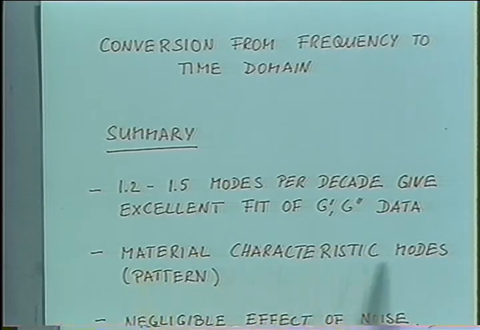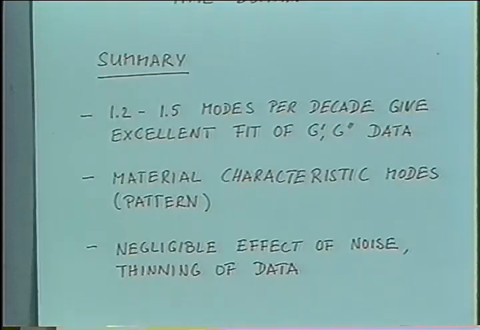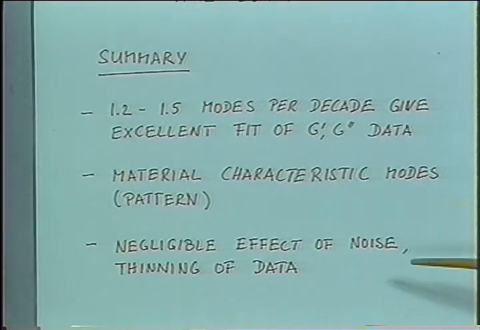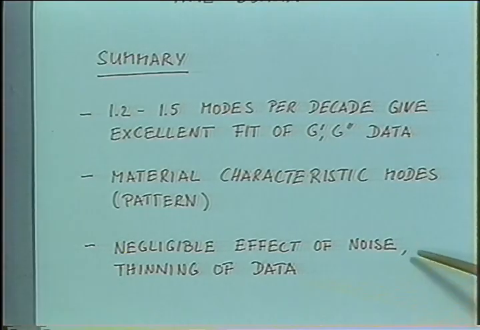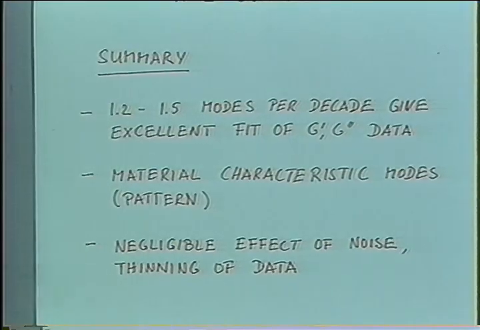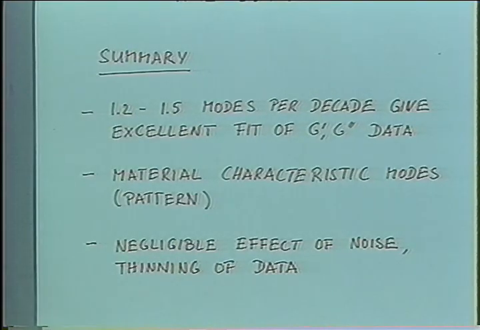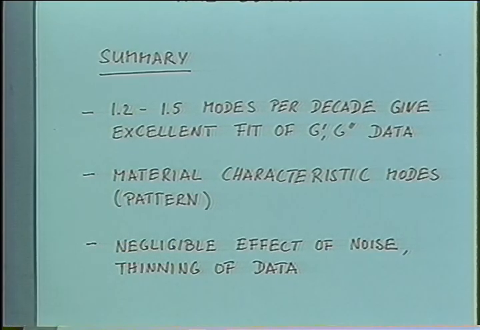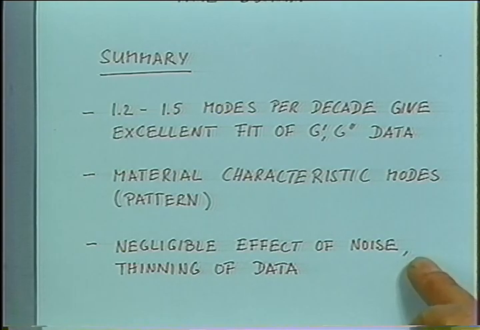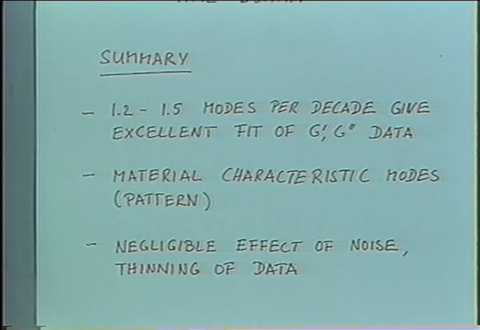So we will discover the patterns in the material, the relaxation patterns, and that's what we are after. And noise or thinning out of data or things like that don't disturb the evaluation procedure. We will get good results even if we have some noise in the data or some other problems. It's a very robust conversion.